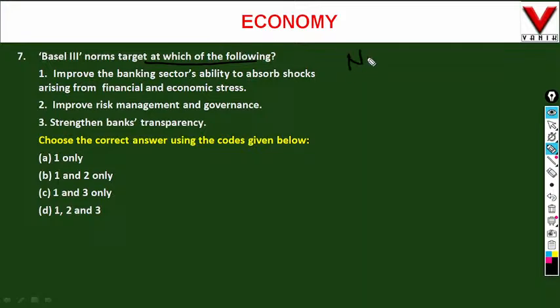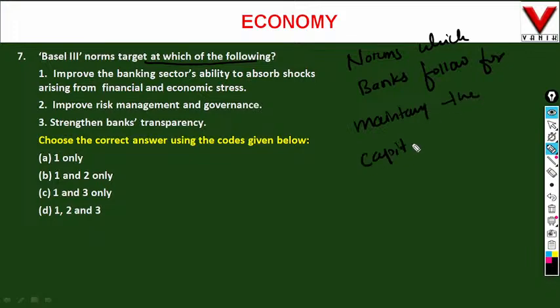These are the norms which banks follow for maintaining the capital. Under Basel norms, it is provided the capital adequacy ratio.